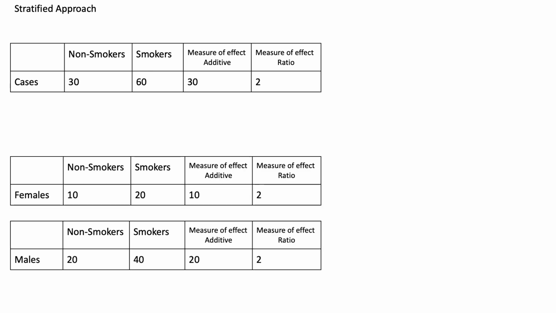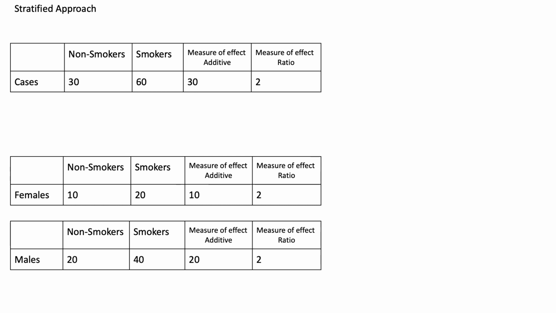But this is still considering only the two main variables, which is cardiovascular disease and smoking status. Let's introduce the third variable, which is sex. As we can see in the measure of effect on the additive scale, there seems to be an effect modification, which is the effect of smoking on cardiovascular disease is different or modified by males and females.